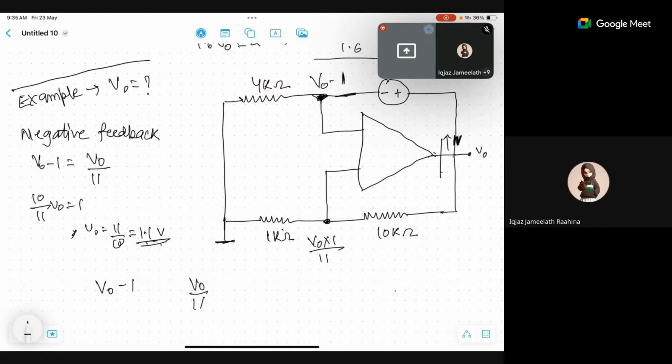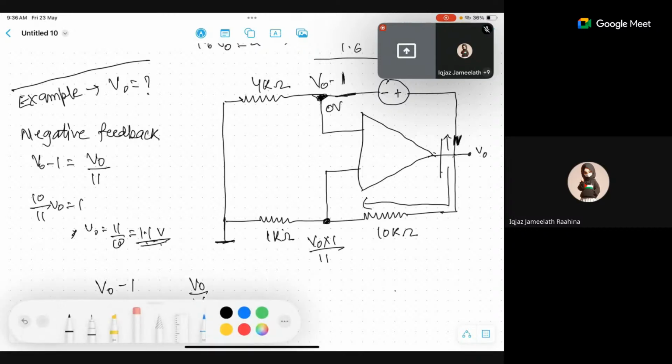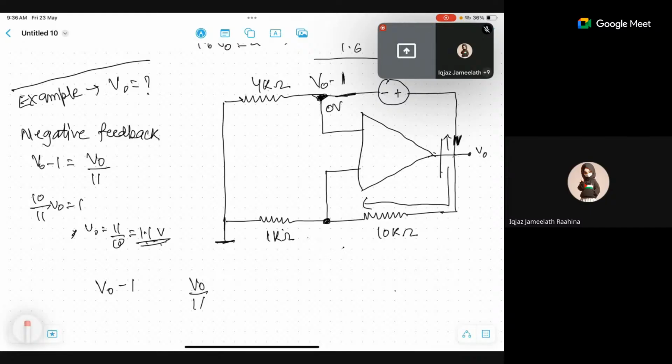Now this 1 volt will be subtracted with 1 volt. We are getting 0 volt here. Okay. And when 1 volt is passing from this particular terminal, what are we getting? We are getting 1 by 11 volt. Or we can change it to 2 volts, because we are taking 1 volt here.